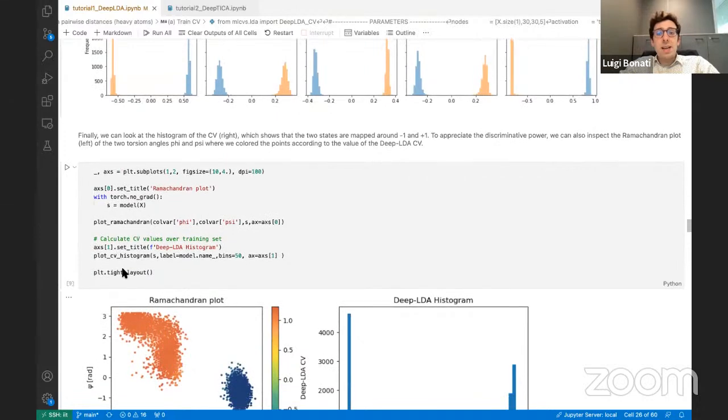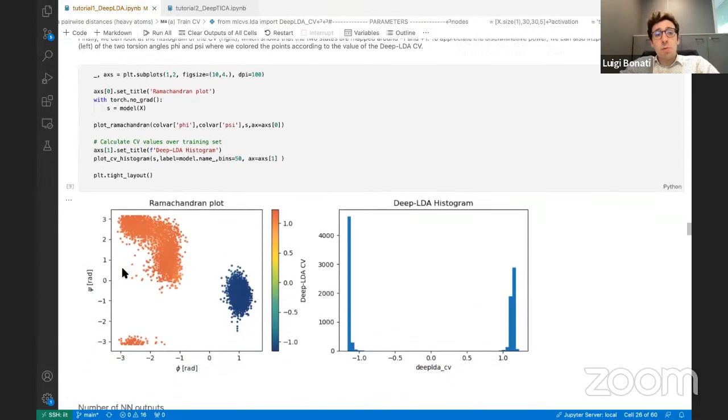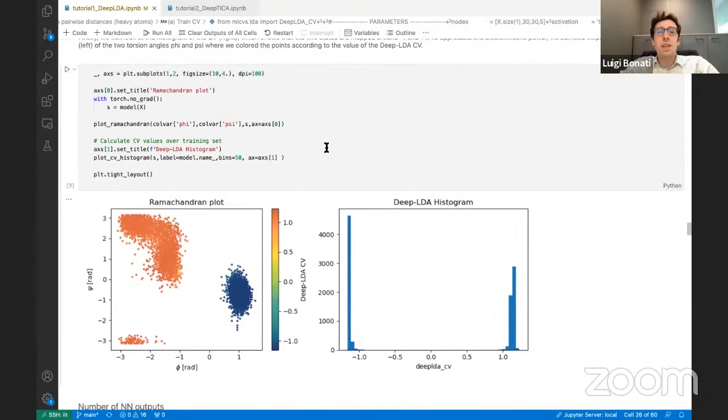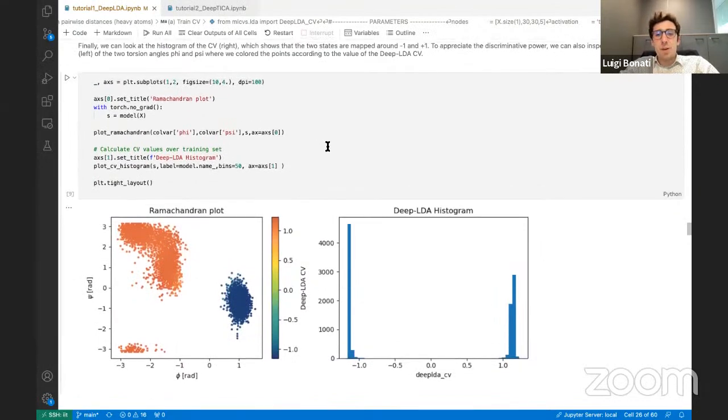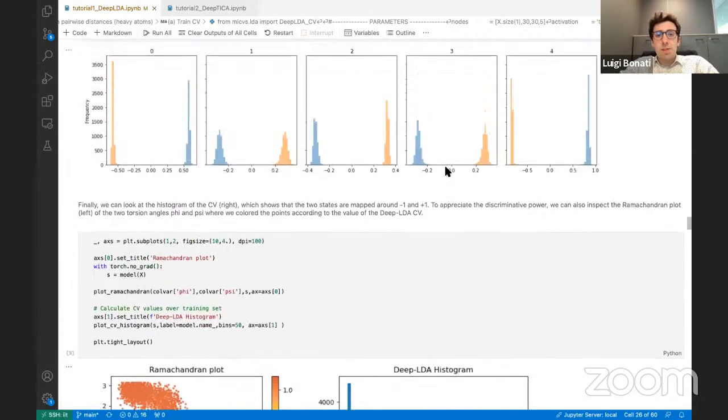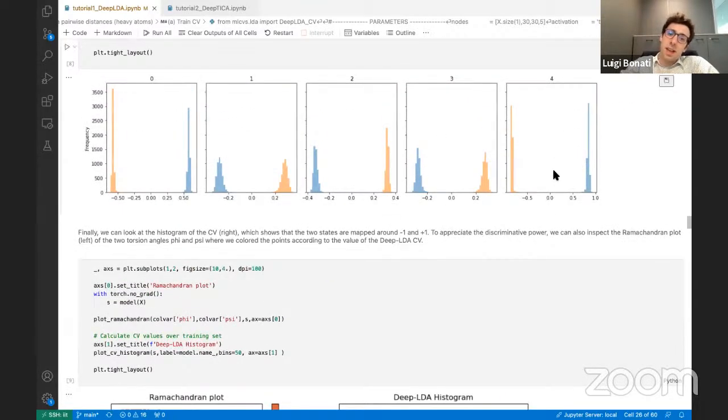Then we can do 2 things here. First, on the right, we see the histogram of the deep LDA CV. The idea is that we have this output space of the neural network, and then we perform LDA.